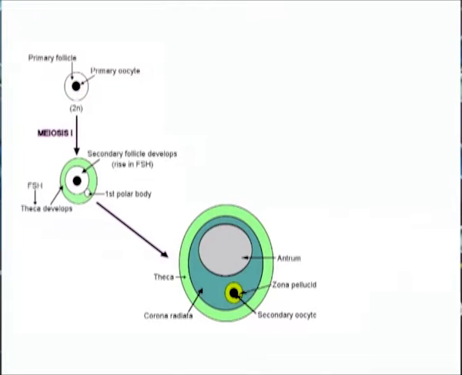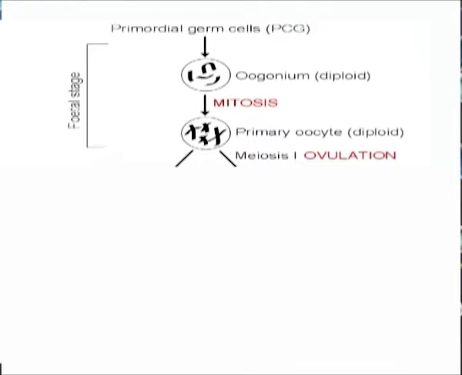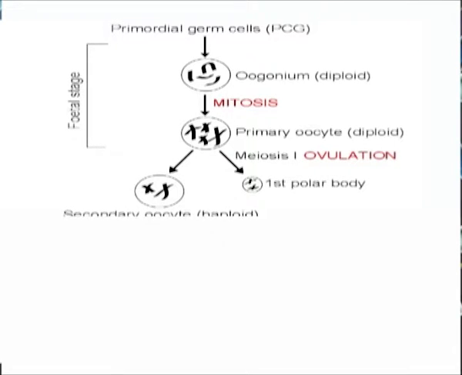When the primary oocyte finally completes its first meiotic division inside the primary follicle, it divides the chromosomes evenly. However, it does not divide its cytoplasm equally. Most of the cytoplasm remains in one of the two daughter cells, which becomes a secondary oocyte.